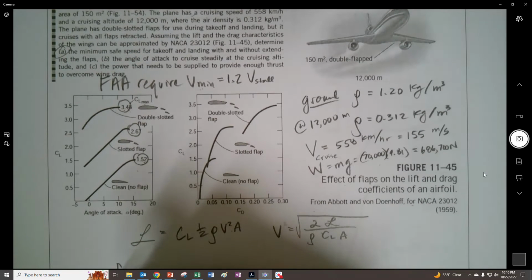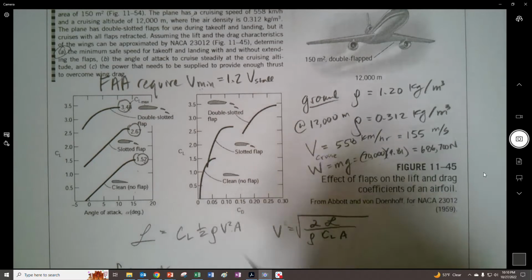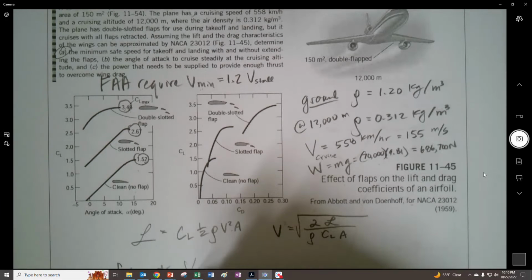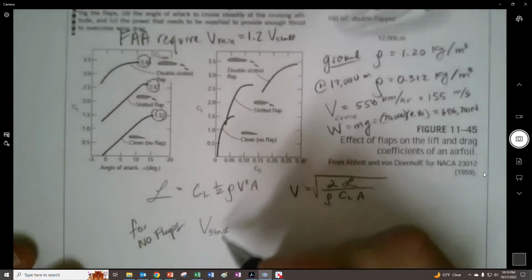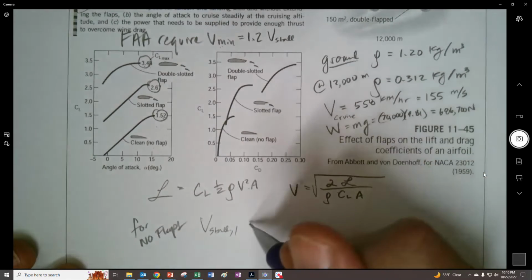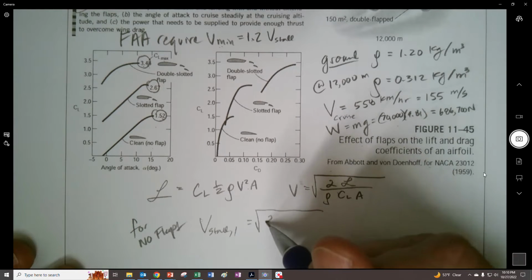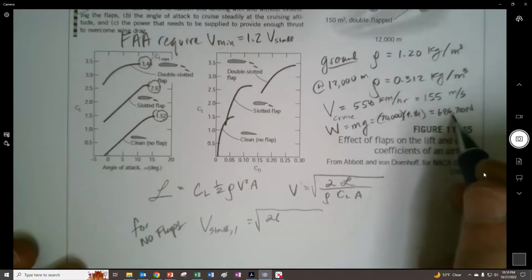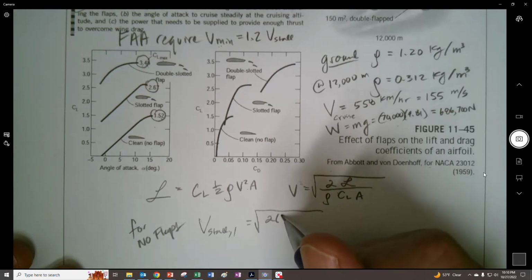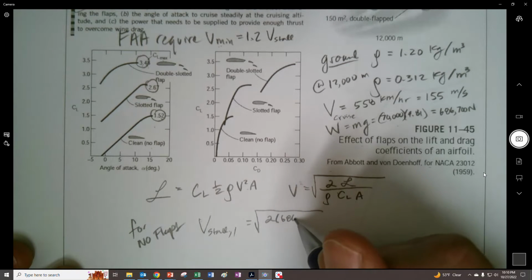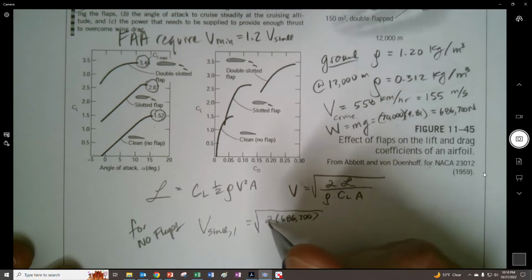So for no flaps, we have V stall 1, and we'll take 2 times this lift, which has to equal the weight, so 686,700.